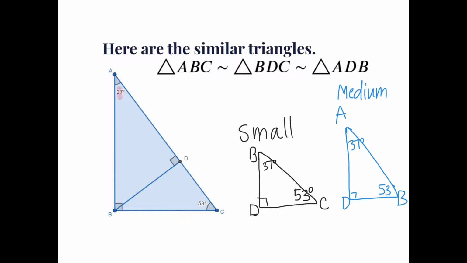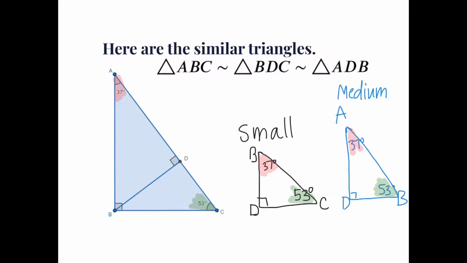So for example, this 37 degrees is in the top corner of the triangles, and the 53 degrees is in the bottom right corner for the triangles. I just redrew my pictures so that they're all facing the same direction.